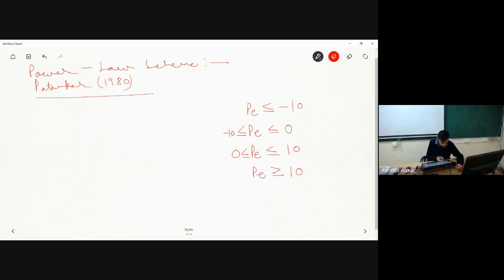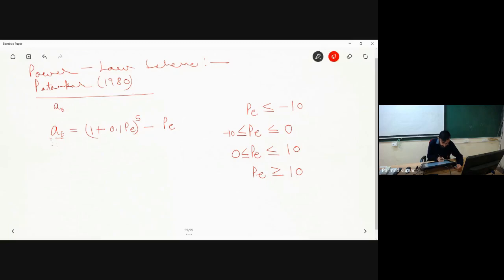Okay, so in his approximation, he has considered AE to be equal to DE times 1 plus 0.1 times Peclet number raised to power 5, minus Peclet number. So this is nothing but AE divided by DE.